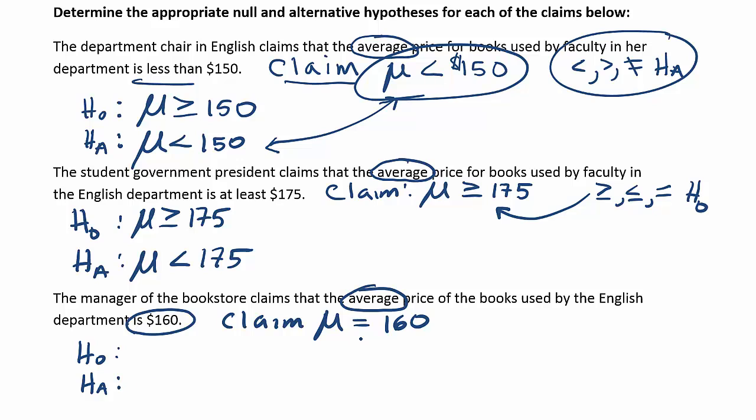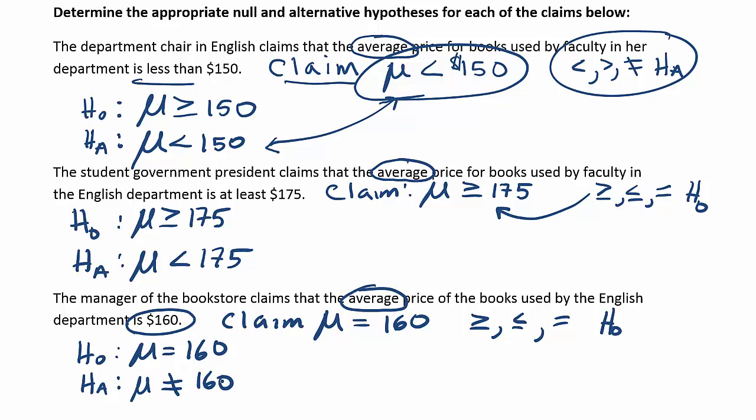You simply look at that claim and you say, oh, it's using one of those symbols, right? What are the symbols that we identify with the null hypothesis? So the claim here again is the null hypothesis. And that means the alternative must express the opposite idea, or not equal to 160, right? So all numbers are either 160 or something other than 160, so the alternative must be not equal to 160. And there are 3 cases.